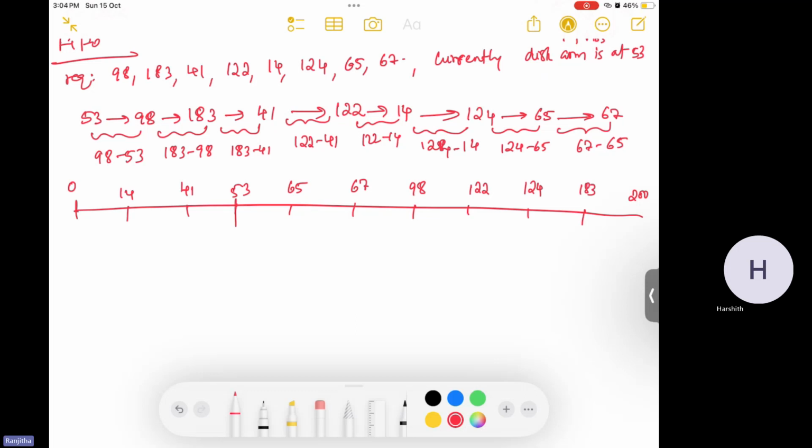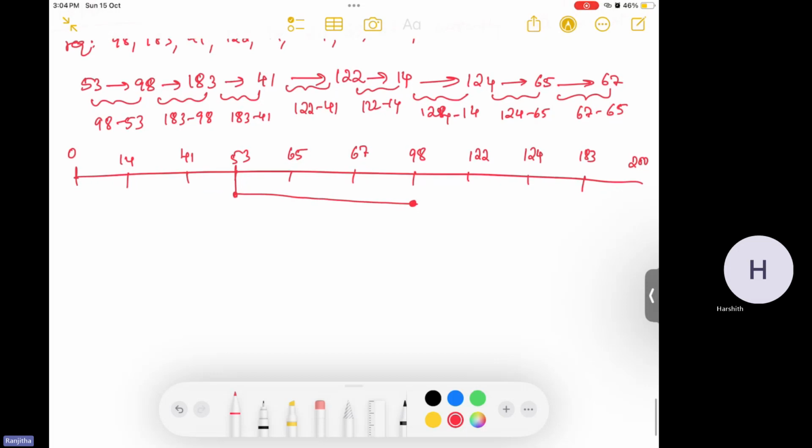So from 53, first it goes to 98. Then from 98, it goes to 183. From 183, it comes to 41. From 41, it goes back to 122. Then from 122, it comes back to 14.